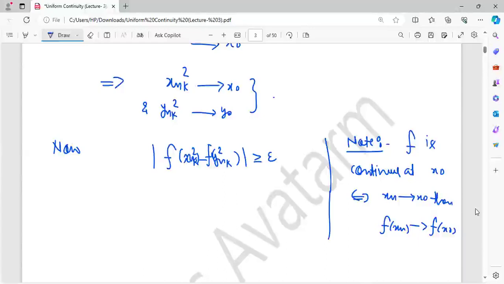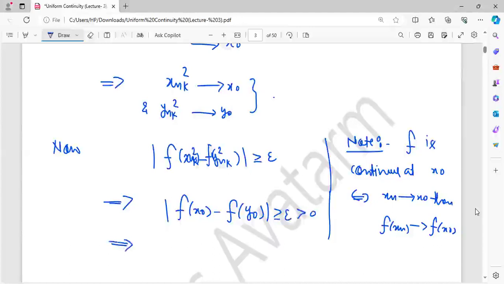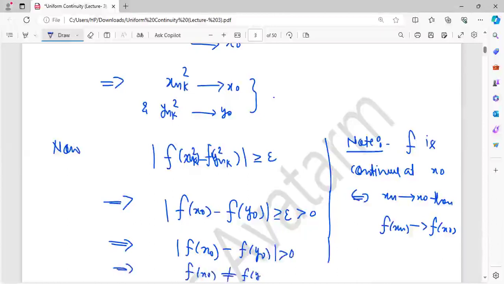So we have xnk2 converging to x naught and ynk2 converging to y naught. It means the absolute value of f(x naught) minus f(y naught) is greater than or equal to epsilon. But epsilon is greater than 0, so the absolute value of f(x naught) minus f(y naught) is greater than 0. It means f(x naught) is not equal to f(y naught).